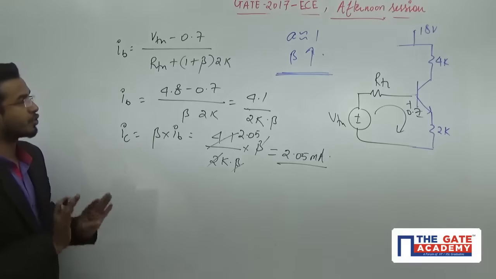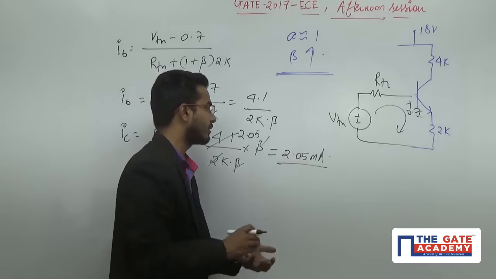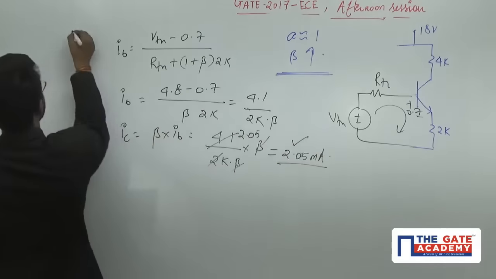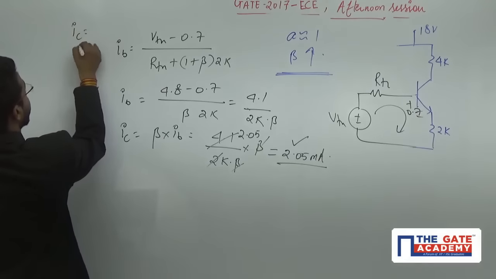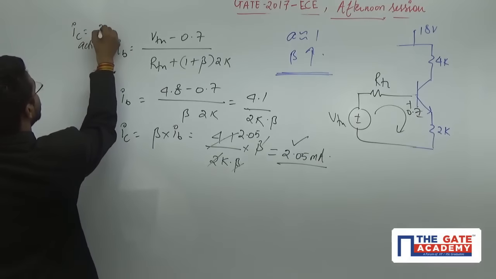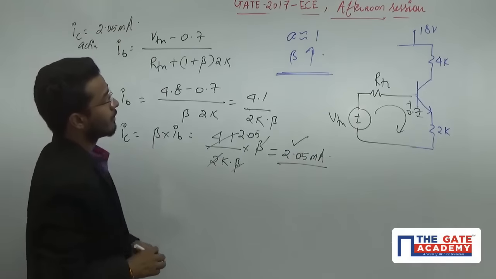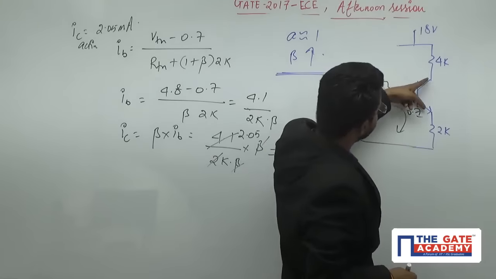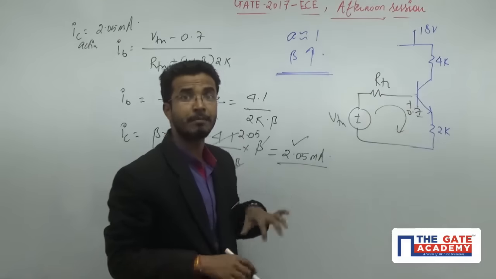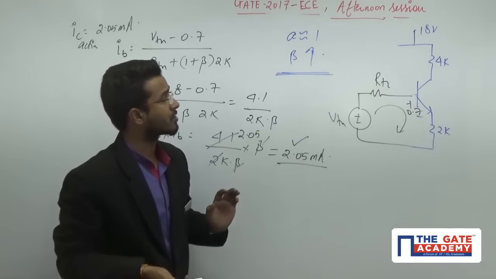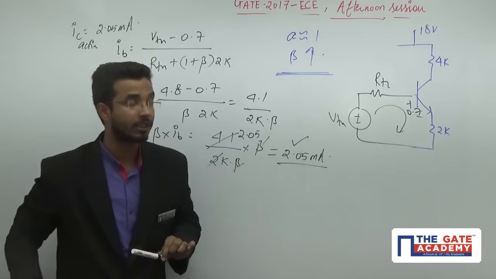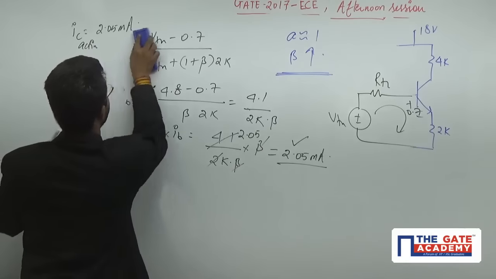I have assumed my transistor is in the active region, so IC in active is 2.05 milliampere. Then we will check whether this is in active or not. It may be in saturation also, so we have to check that, otherwise we will make a mistake.